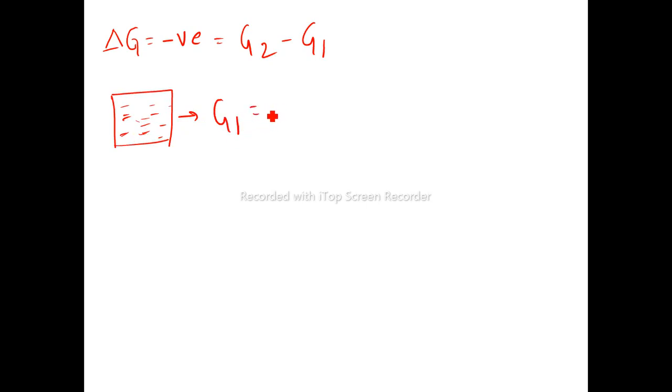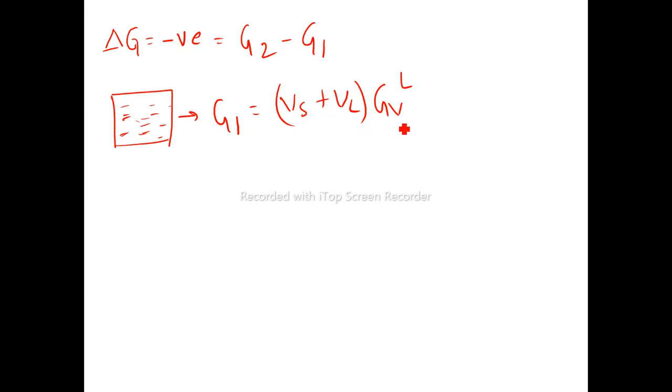That is given by Vs plus Vl into Gv of L. Vs is the volume of the solid sphere, plus Vl is the volume of the liquid.